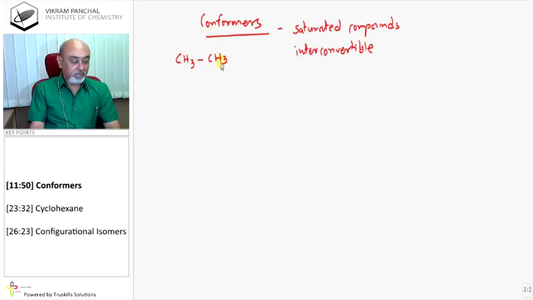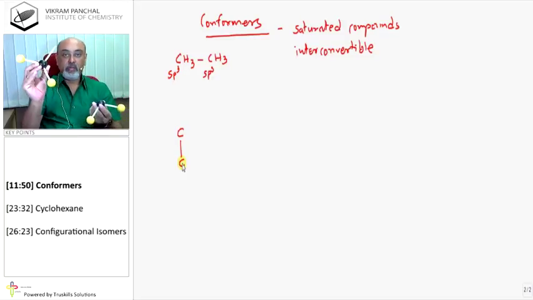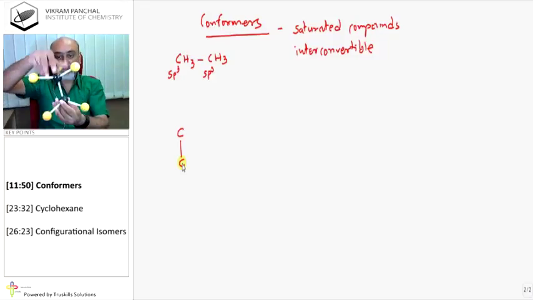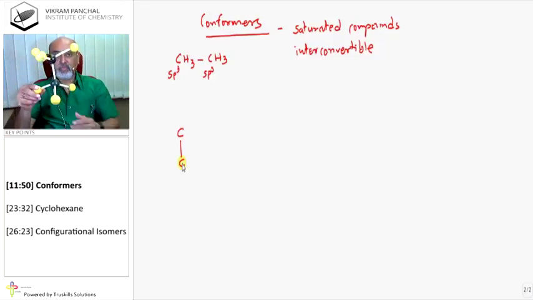In fact, in ethane, each carbon is sp3 hybridized, and therefore the structure of each carbon is tetrahedral. So we can write like this. This is CH3, this is CH3. Now when we combine two CH3, we will get ethane.